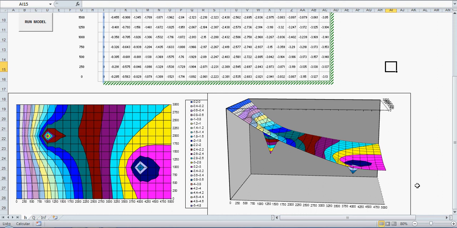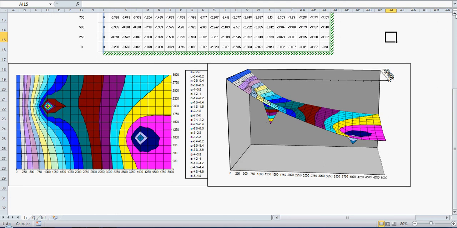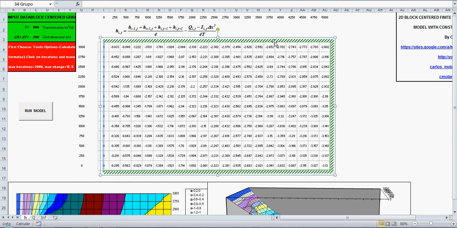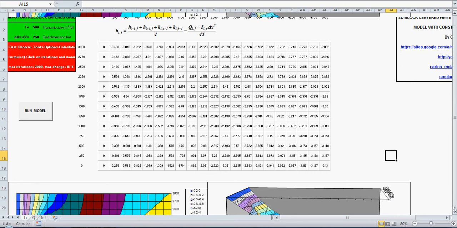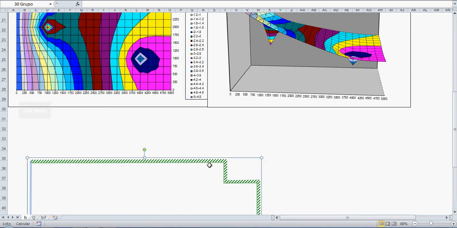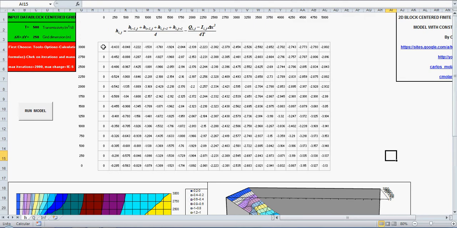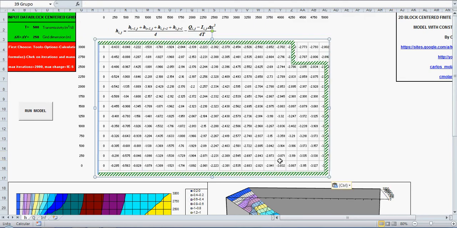Now it is very easy, for example, if we have a corner with different boundaries as in the previous example. Let's copy from here, and suppose we have this boundary.